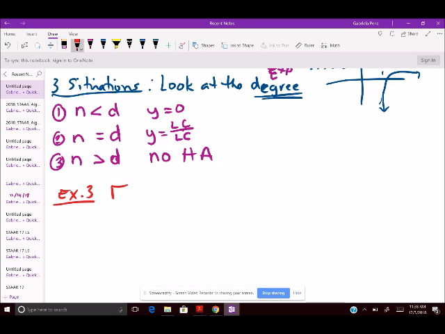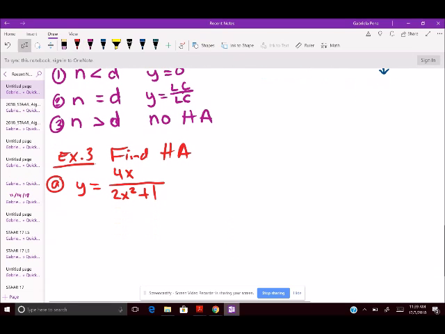So for example number 3, let's find the horizontal asymptote. They're going to give you an equation. Let's say this is the first one they give you: y equals 4x over 2x squared plus 1. I look at my degree in my numerator.